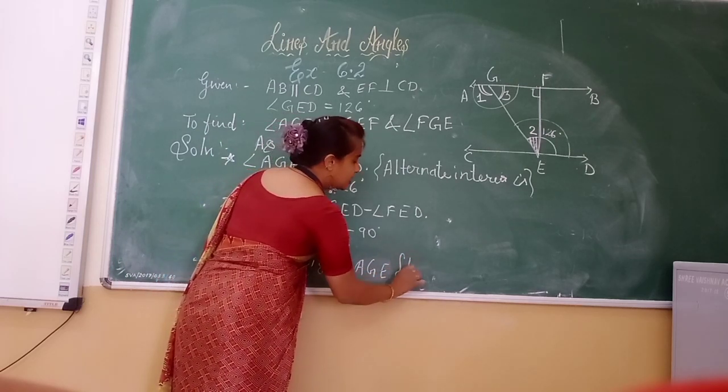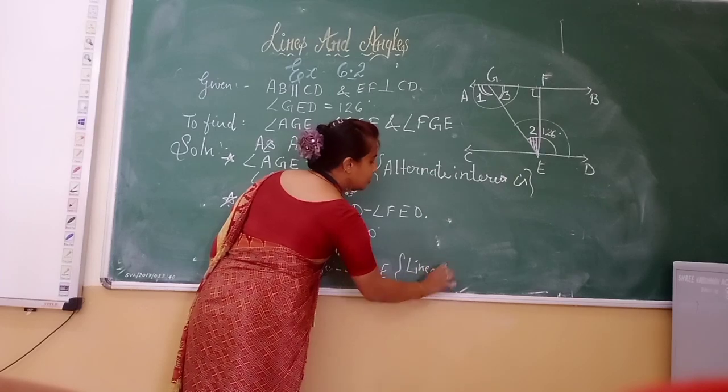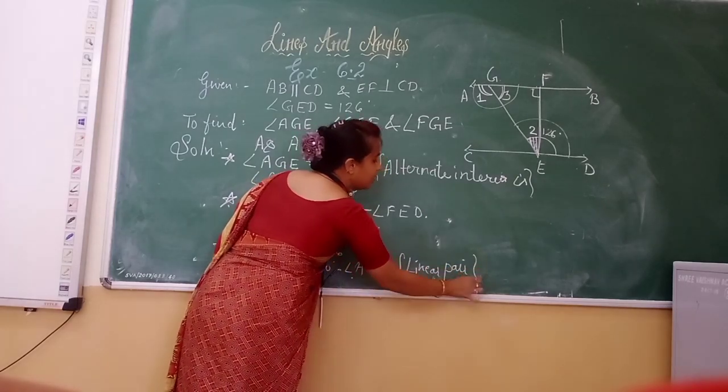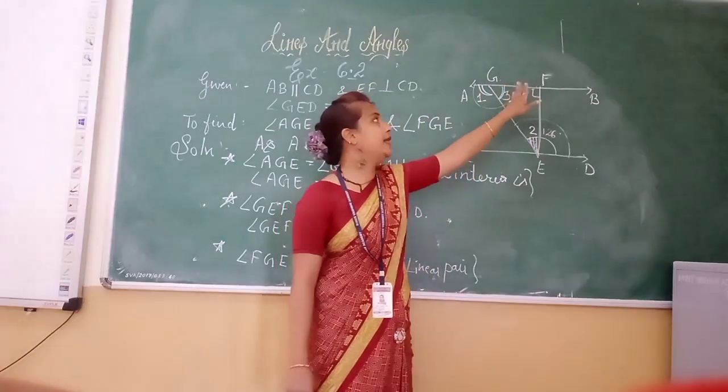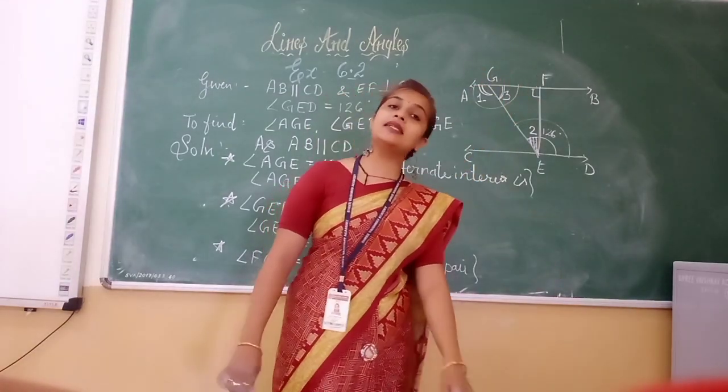Why 180 minus AGE? Because it forms a linear pair. इन दोनों का sum equals to 180. So we can write that angle 3 is equals to 180 minus angle 1.